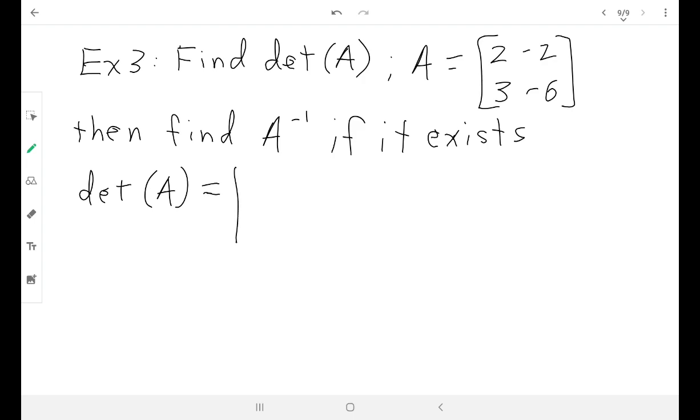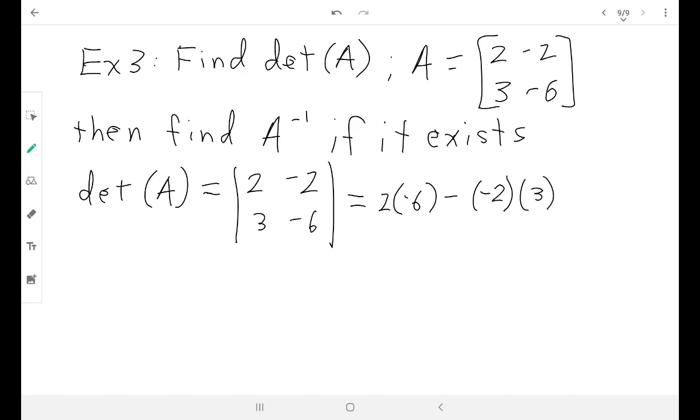Another way of writing that is to put the matrix inside of these absolute value bars. And I'm going to do the diagonals multiplied together. So 2 times -6, and then subtract between them -2 times 3, which is -12 minus -6, which is -12 plus 6, which is -6.